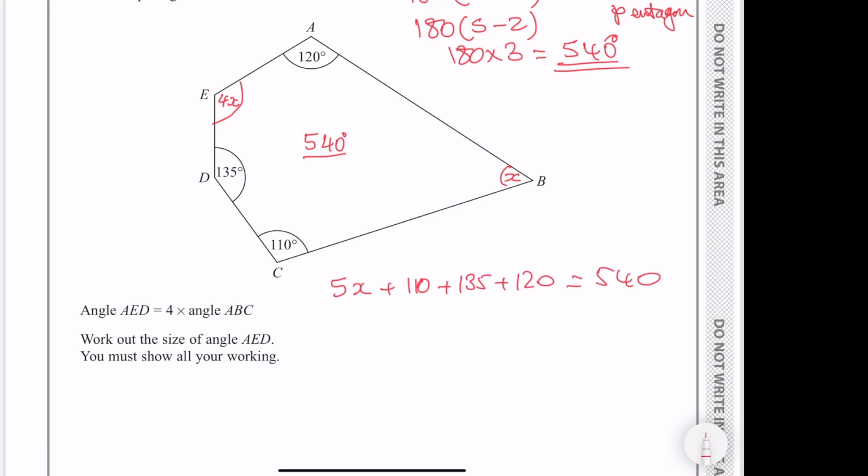So I repeat, you can also just do 120 plus 135 plus 110, and let's see how much this is. 120, so that is 5 here, yeah? So this is 6, and then this is 365, and then do 540, take away 365.